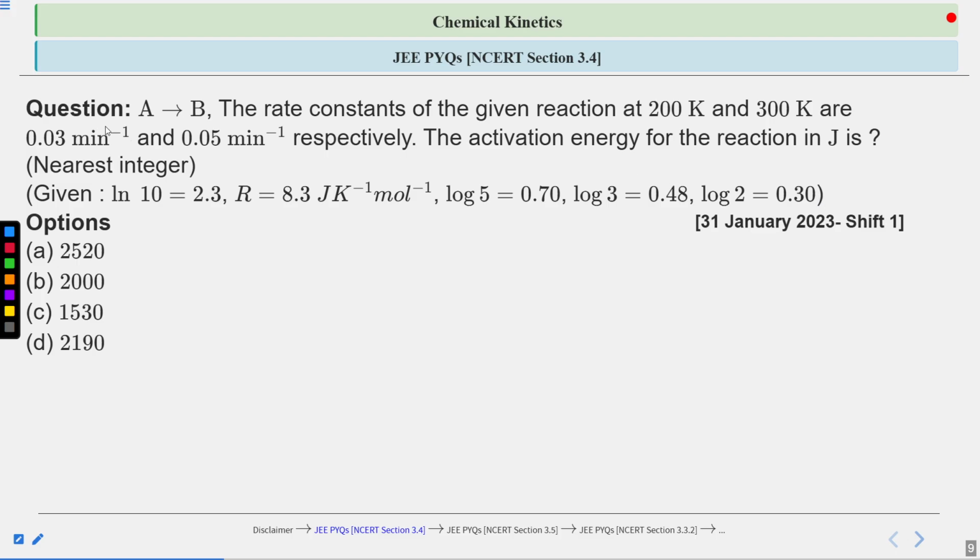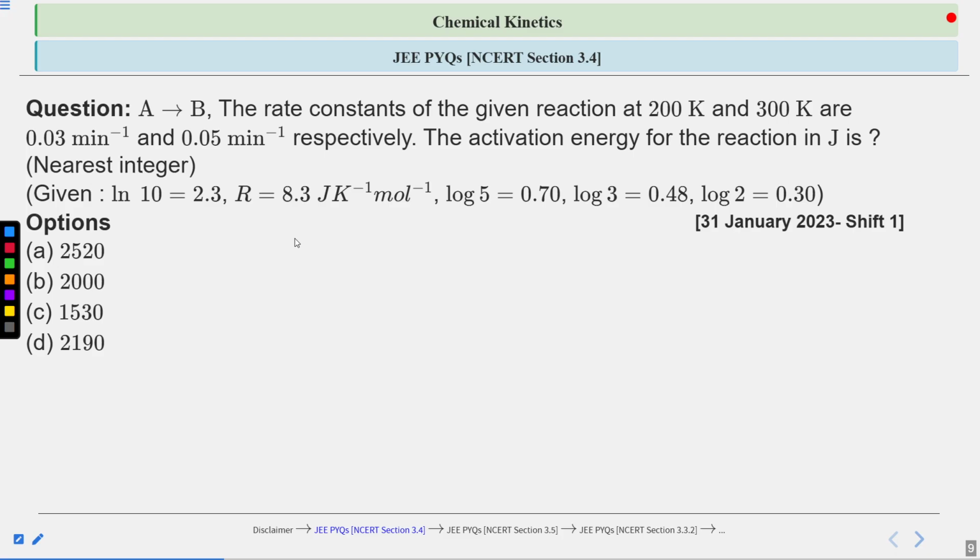Okay, so the question mentions a reaction A converted to B, with the rate constant given at 2 different temperatures, 0.03 minute inverse and 0.05 minute inverse. You have to calculate the activation energy for this given reaction in joules.